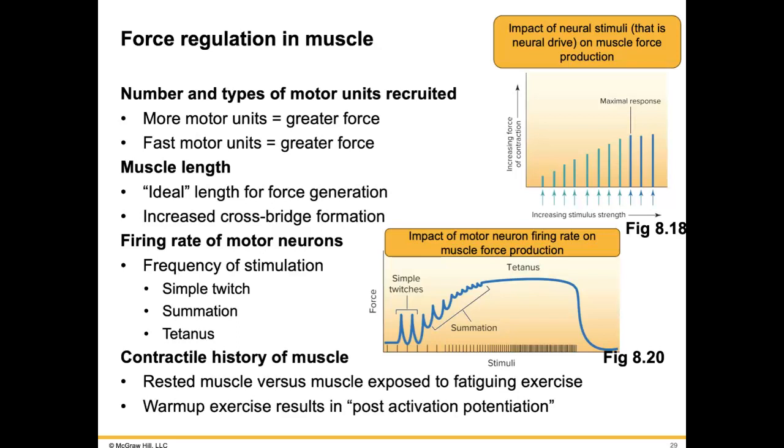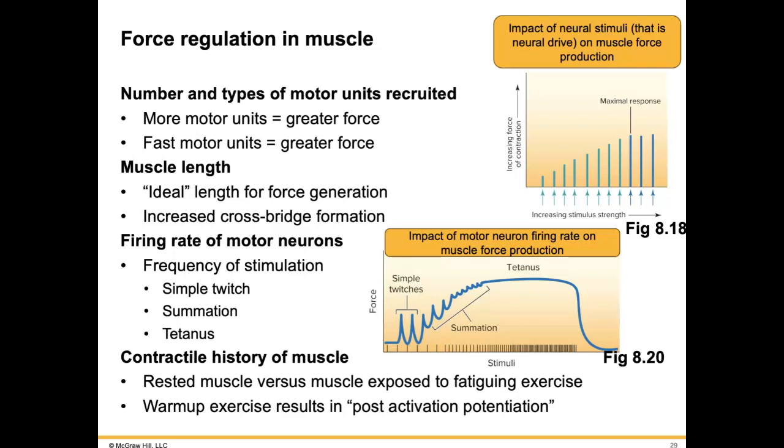We are not going to be able to perform well. But if we were to do some short periods of non-fatiguing contractions, most of you know this as a warm-up before starting your actual exercise, then we are able to see that there's an increase in muscle force production.